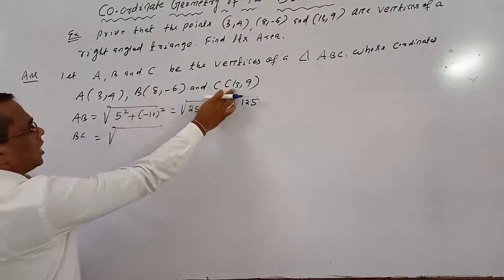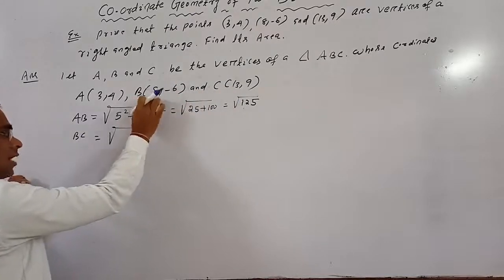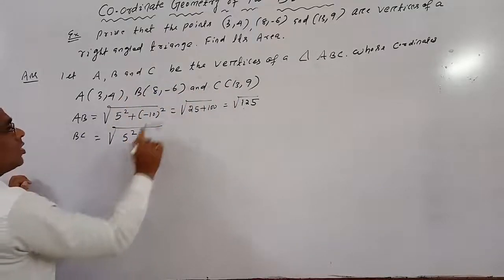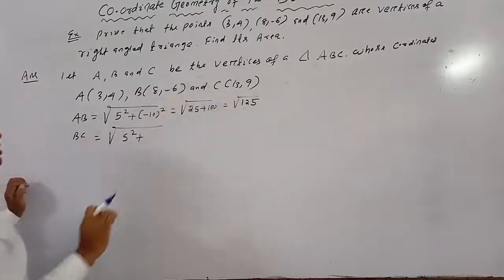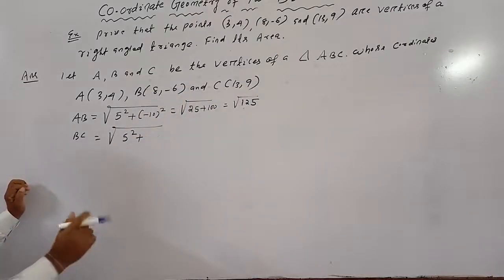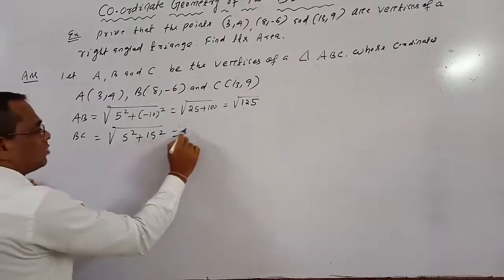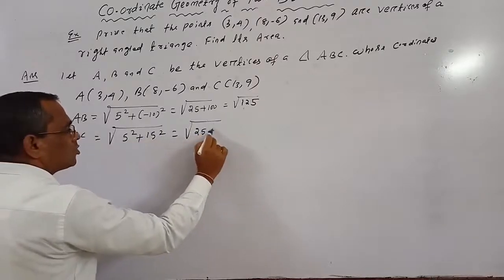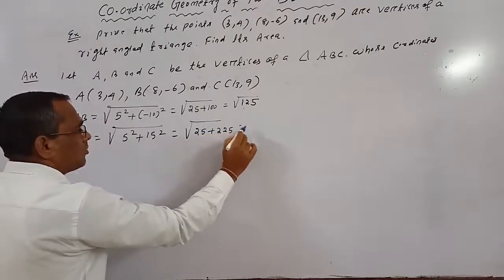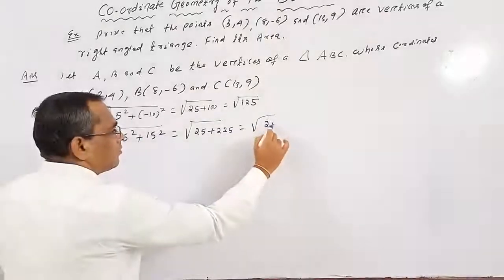Then BC. BC equals the square root of (13 minus 8) square, 13 minus 8 means 5, so 5 square, plus (9 minus (-6)) square, 9 plus 6 is 15, 15 square, which is equal to 25 plus 225, which is equal to 250.